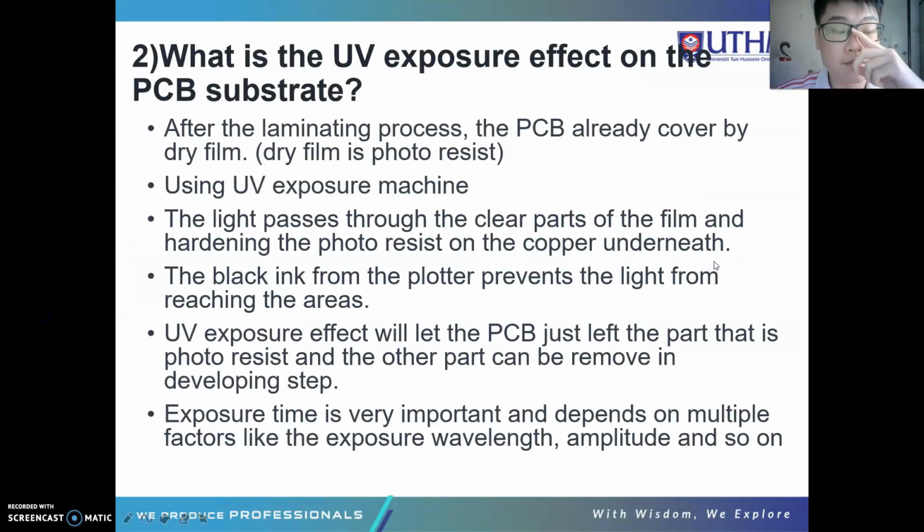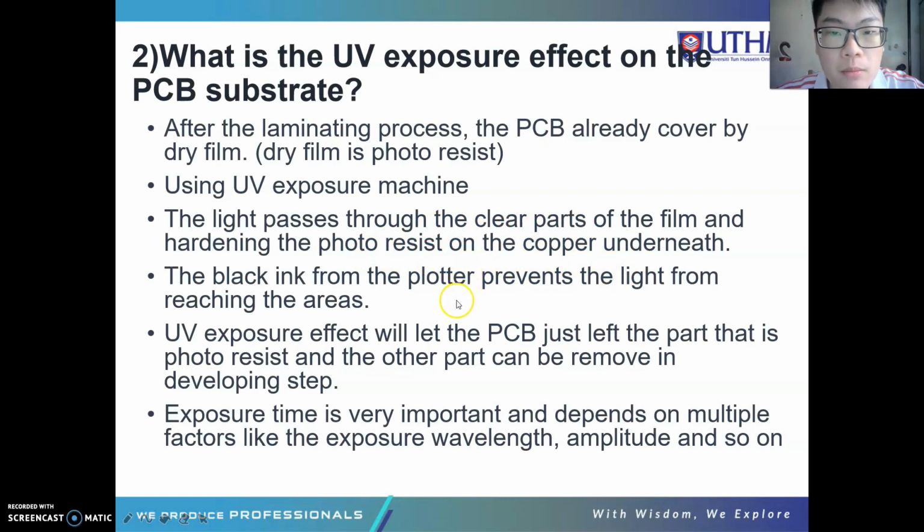And next is what is the UV exposure effect on the PCB substrate. After the laminating process, the PCB is already covered by the dry film. The dry film is photoresist, and using the UV exposure machine to expose the UV light, the light passes through the clear part of the film, hardening the photoresist on the copper underneath.